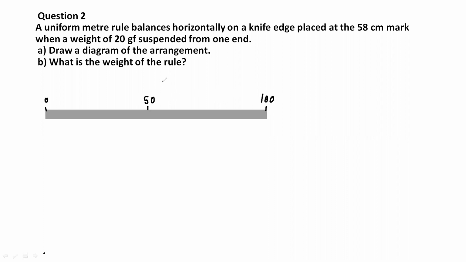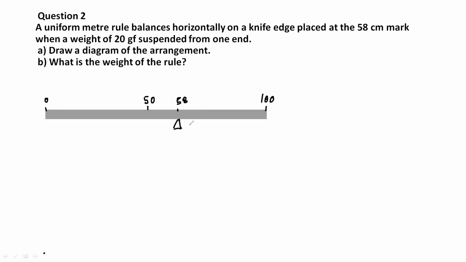Let me mark these three levels 0, 50, and 100. This scale is balanced at the 58 centimeter mark. So this is the fulcrum or pivot point. When a weight of 20 gf is suspended from one end, which end? That is the question.